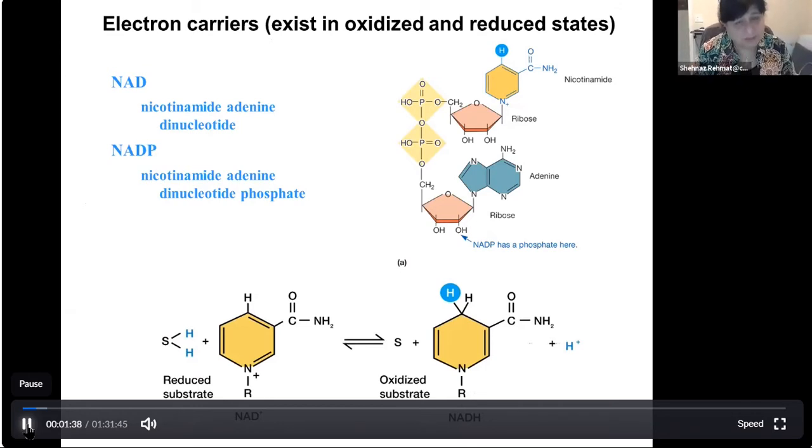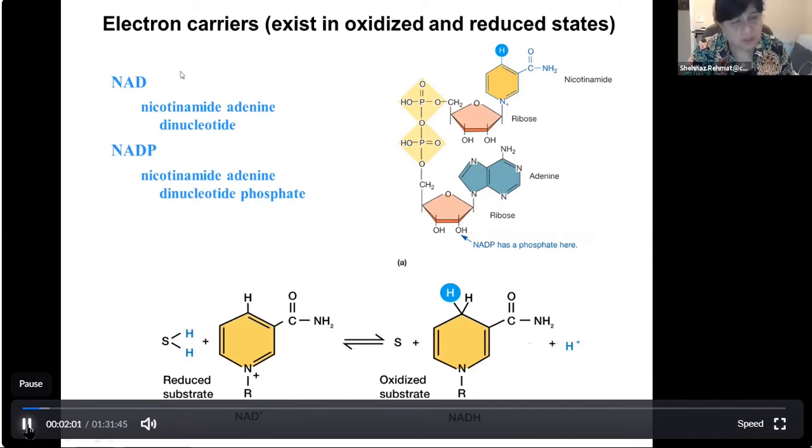The word oxidation will be used because glucose will be the donor for all these hydrogens that will be carried away by these electron carriers, and these electron carriers will eventually take the hydrogen, a proton and the electron to the electron transport chain, and through the electron transport chain you will get energy out of it again.